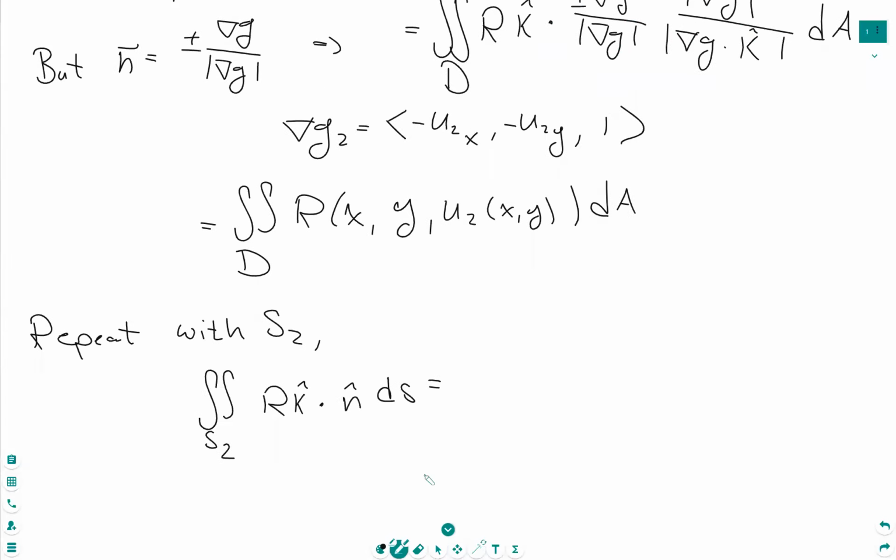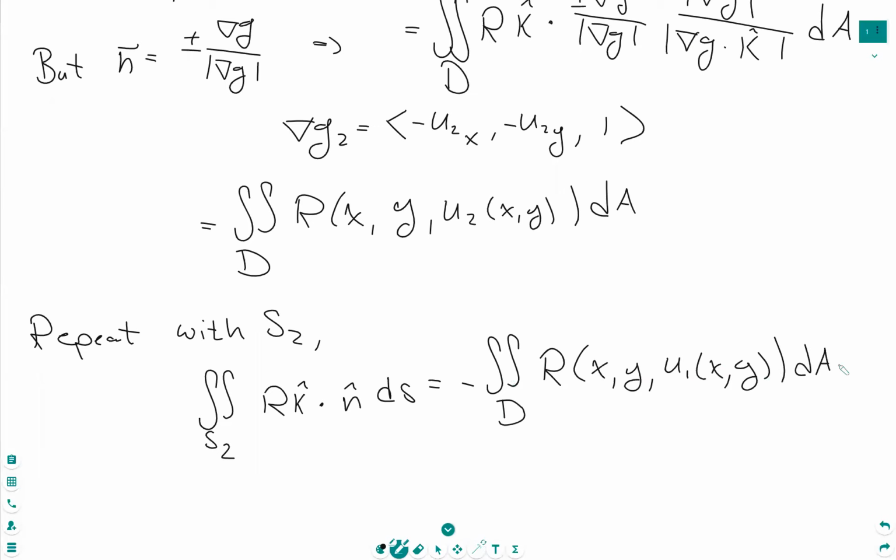So you get negative the area integral over d of r x, y. This time it was characterized by u1. And we have dA.